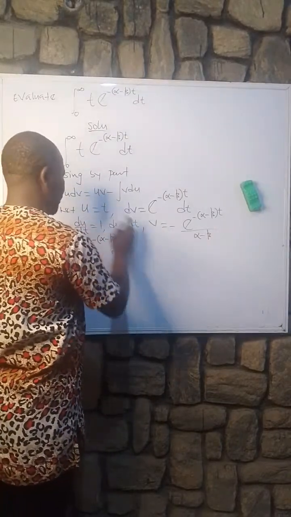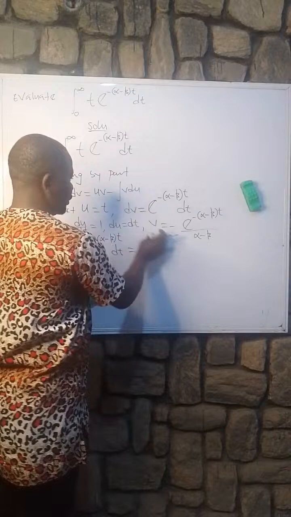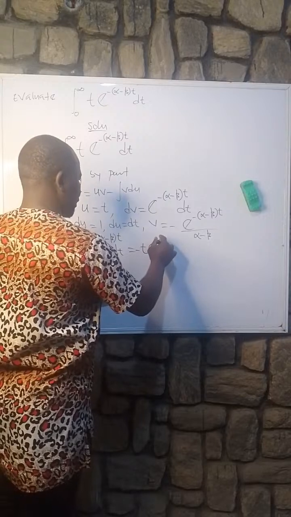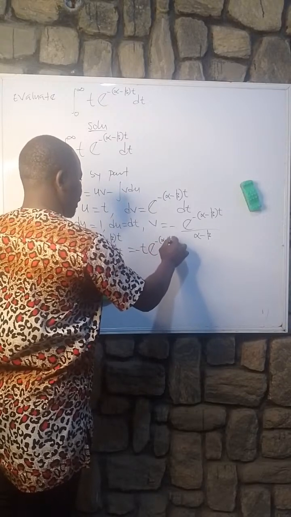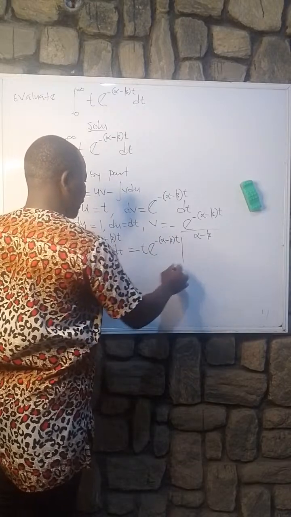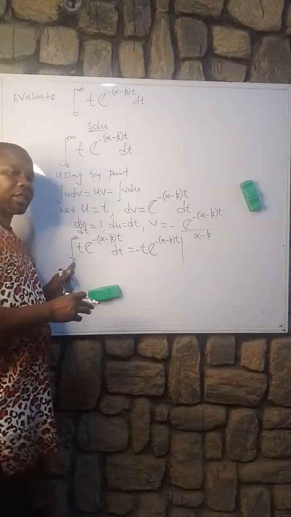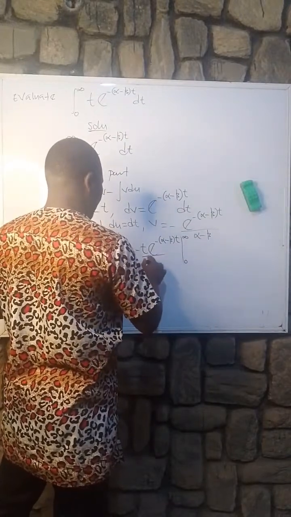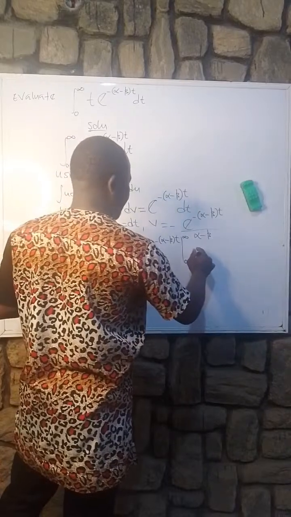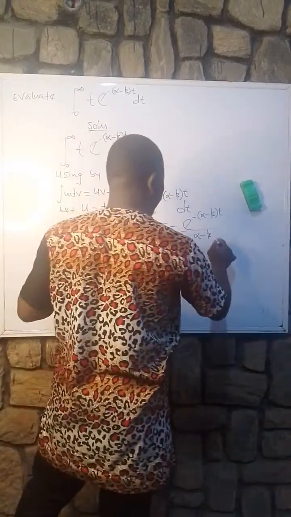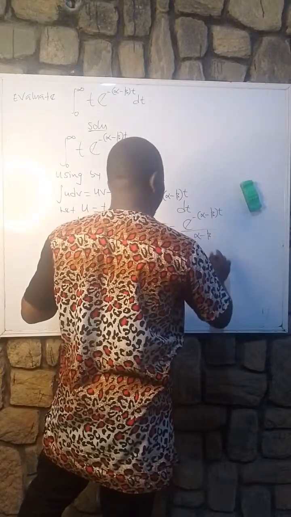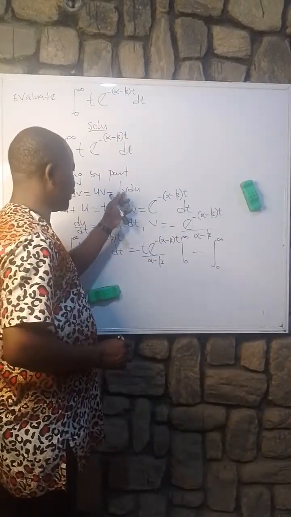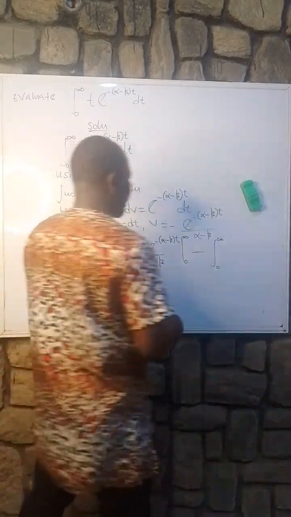Ordinary u is t, then times ordinary v is minus, so minus t exponential minus open bracket alpha minus beta t, since it has a limit, evaluated from 0 to infinity, all over alpha minus beta, then minus the integral from 0 to infinity.